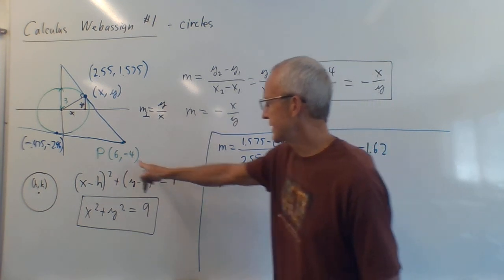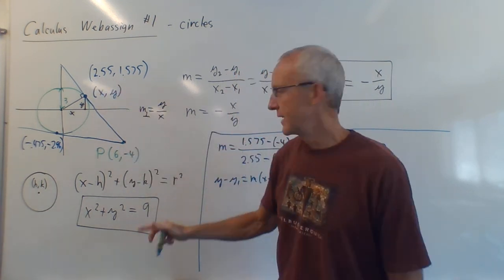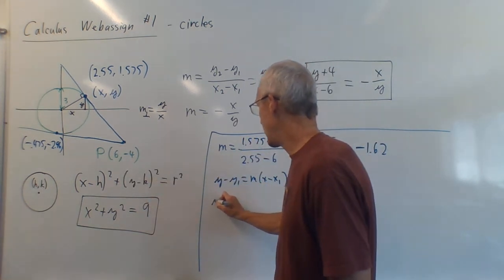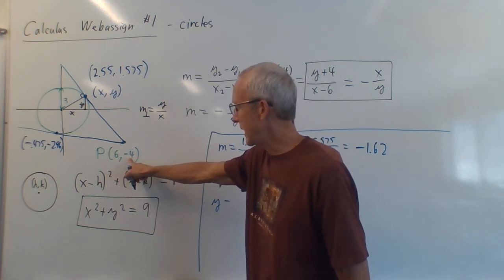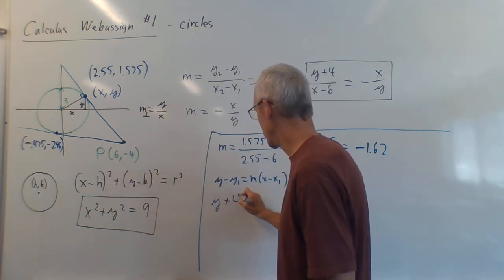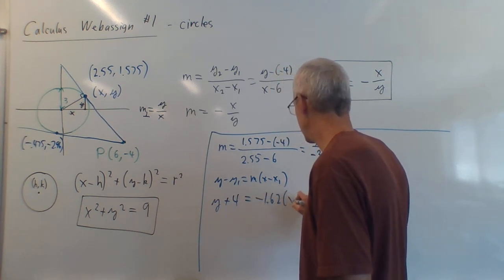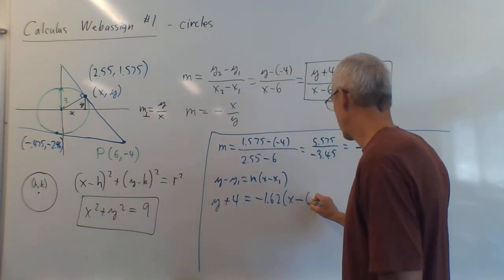So let's choose this point because it's nice, pretty numbers, right? This one, 2.55. We always choose the point that's got pretty numbers to work with. So we go y minus y. So y minus -4 is y plus 4 equals the slope, -1.62 times x minus 6.